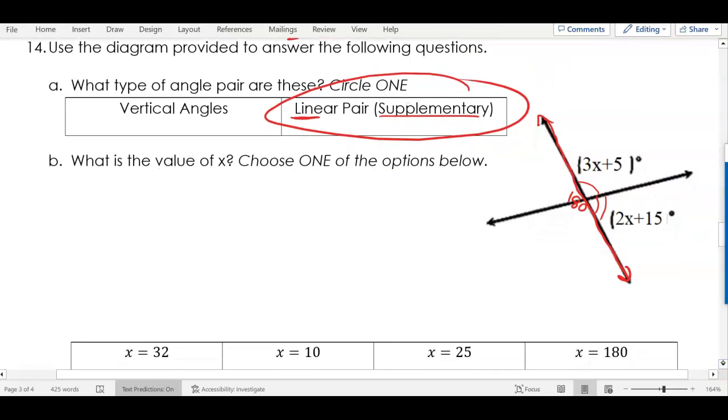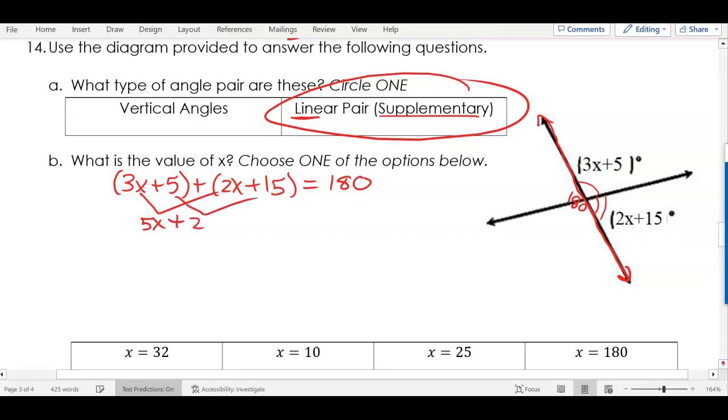Okay. So the top part, 3x plus 5, plus the bottom part, 2x plus 15, together makes a straight line of 180. Combine your x's, combine your regular numbers. Now you have a two-step equation.